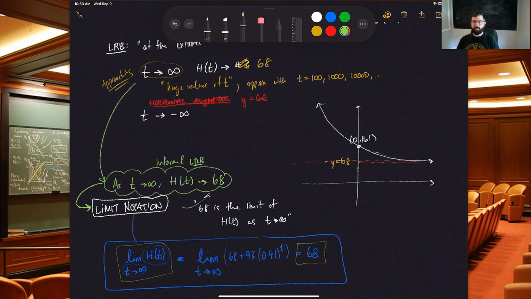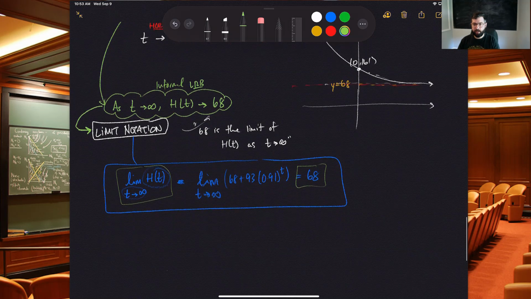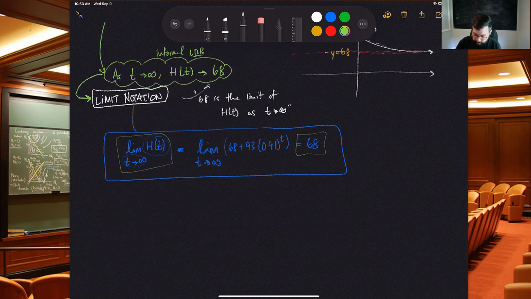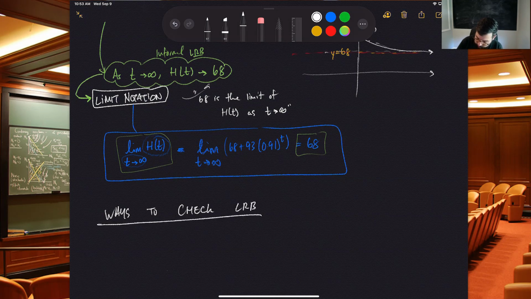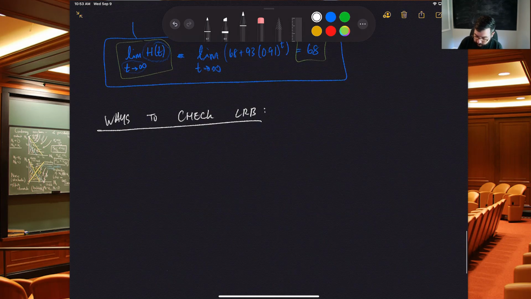And again, I saw this from graphing this. I know this to be true about this function for several reasons, right? Ways to investigate this. One would be graphically.